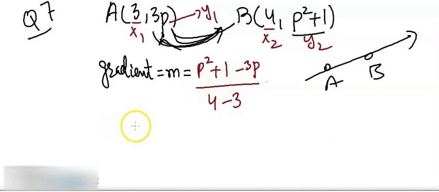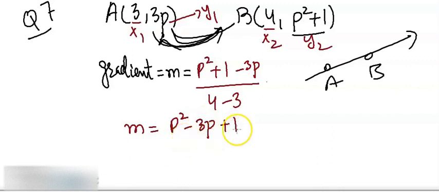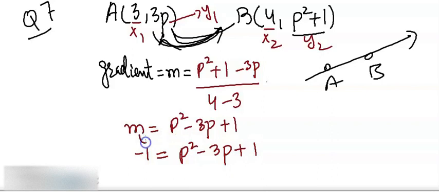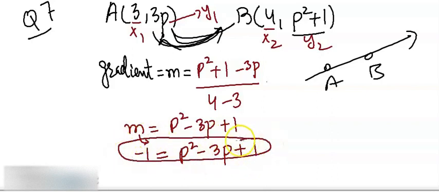So the gradient is equal to p squared minus 3p plus 1 divided by 1, but the gradient is given as -1. So we can set it equal to -1 and solve for p. This is a quadratic equation which you need to solve by using factorization or maybe the quadratic formula.